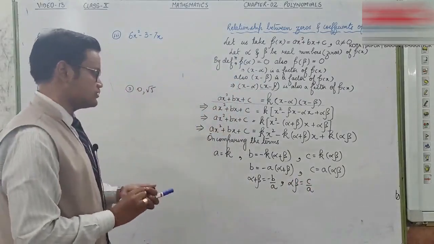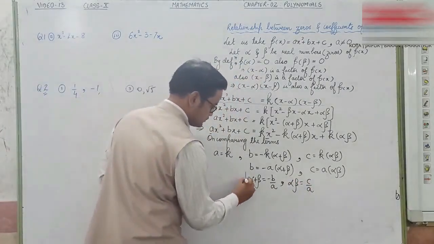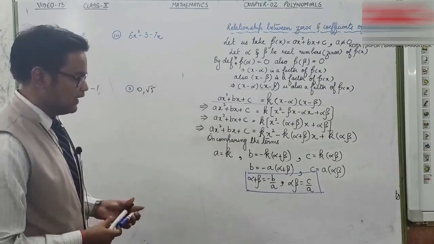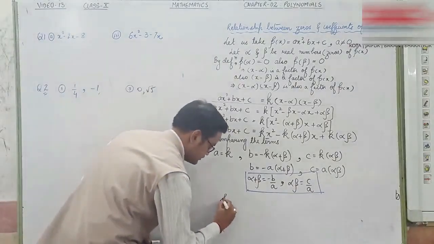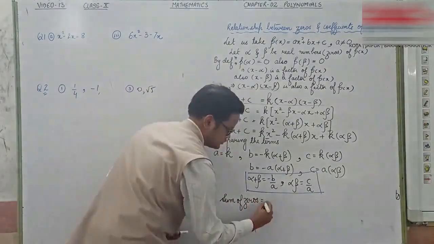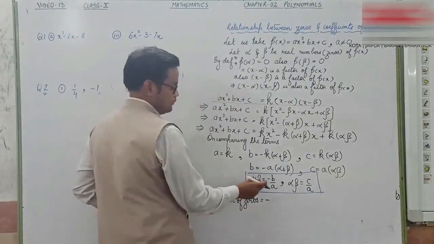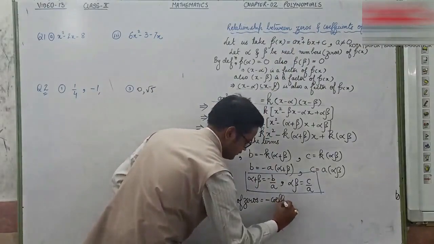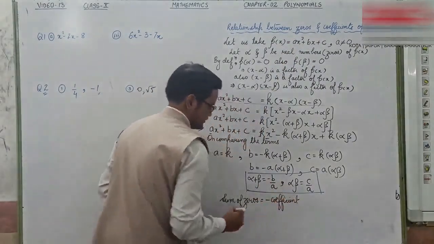So this is the relationship between the zeros of a polynomial and the coefficients, that is, the sum of zeros is equal to negative of b, where b is the coefficient of x.